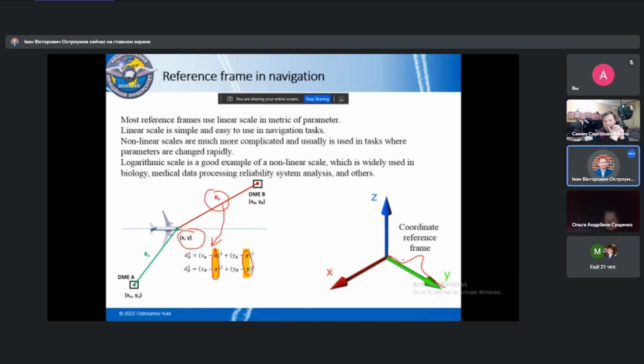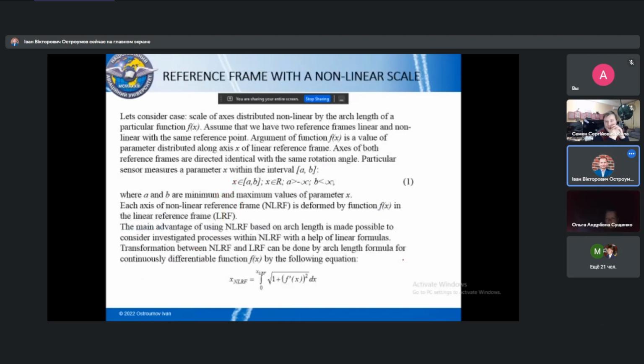And the main advantage is that we can transform data processing from sensor level to the navigation task, and in some cases it may be useful. And the most useful in this case is the arc length of nonlinear function.